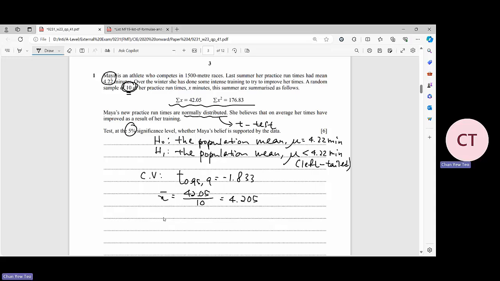Then the unbiased estimate of the population variance will be 1/9 times 176.83 minus the sum of the x, 42.05 squared, divided by 10. Press the calculator, you get the answer 0.0010833.